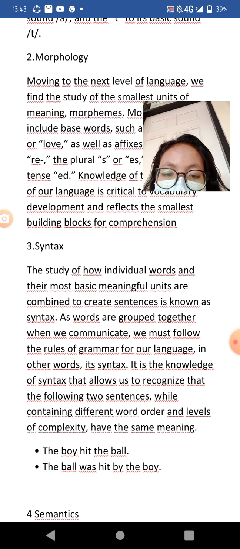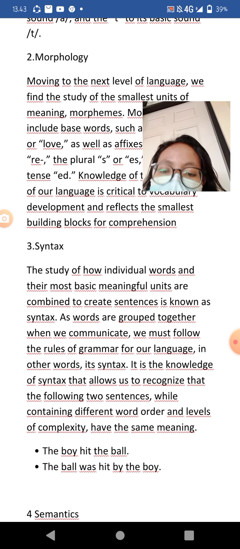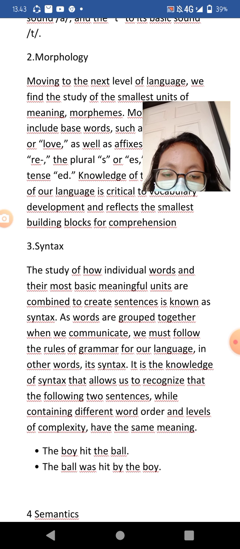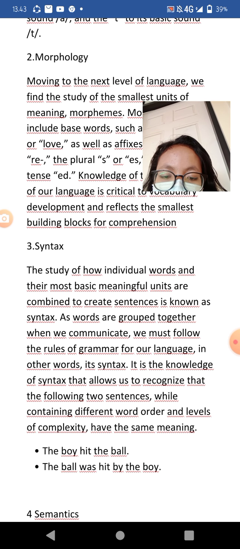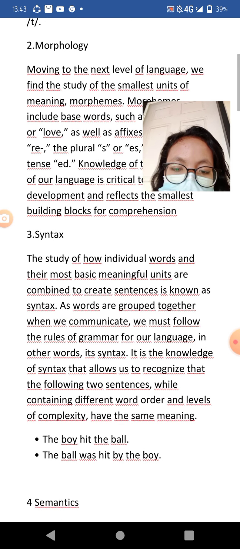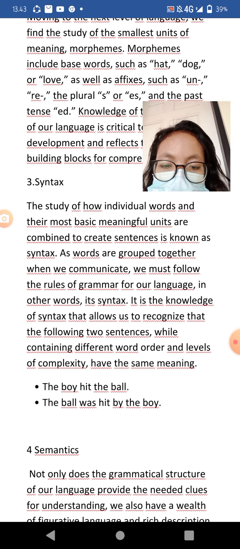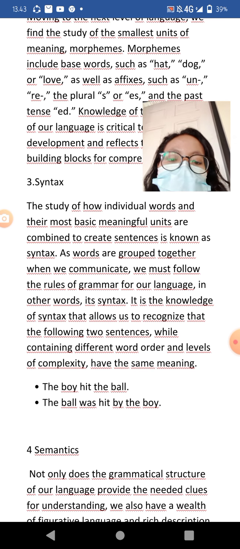It is the knowledge of syntax that allows us to recognize that the following two sentences, while containing different word order and levels of complexity, have the same meaning. Example, the boy hit the ball. The ball was hit by the boy.